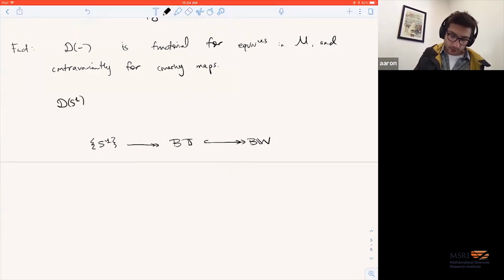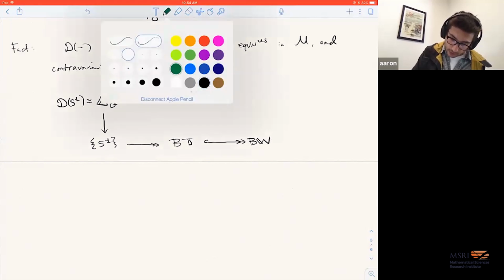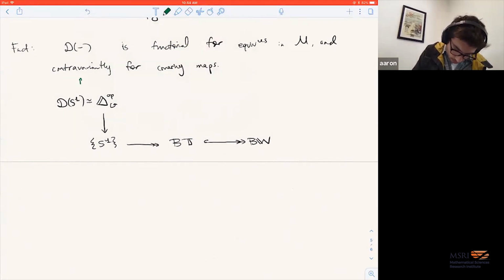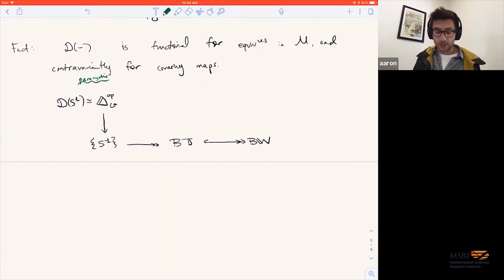The first thing I want to say is that this can actually be identified with something totally combinatorial. This is called the paracyclic indexing category. So if you've seen this defined elsewhere in a combinatorial fashion, the theorem is that this infinity category, which is defined in terms of differential topology, is actually equivalent to that combinatorially defined category.